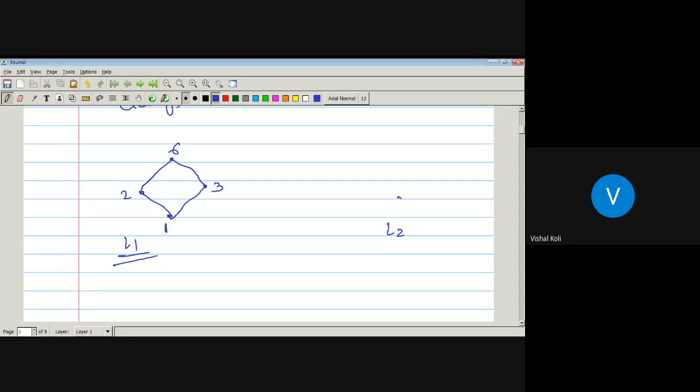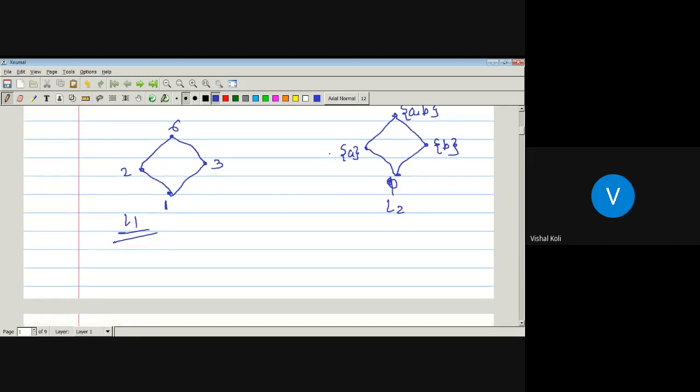Here will be our phi, somewhere here will be singleton A, here singleton B, and its immediate successor will be doubleton AB, since there are only 4 elements in both lattices L1 and L2. Now the Hasse diagrams of both lattices are the same except for the labeling of vertices. These are the two Hasse diagrams of our given lattices.